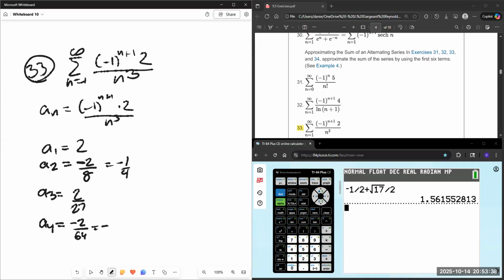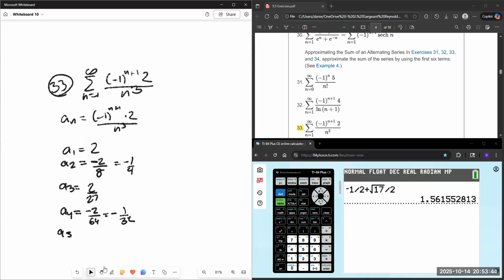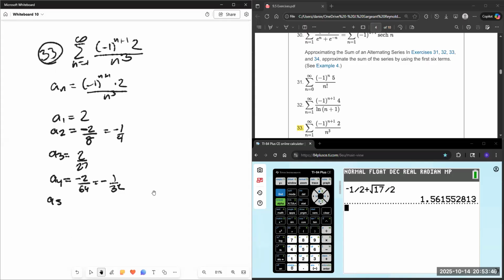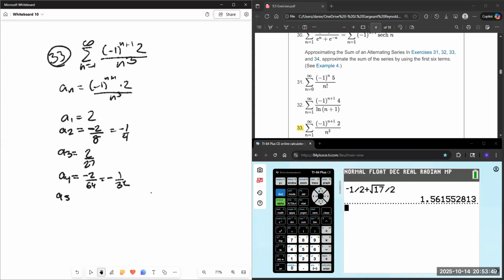So this is negative 1 over 32. a_5 is, it says the first 6 terms, so give me some more space here. a_5 is positive 2 over 125. a_6 is negative 2 over 6 cubed, which is 216, which makes this negative 1 over 108.